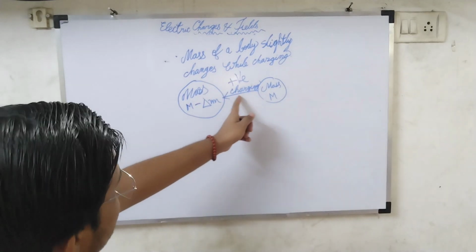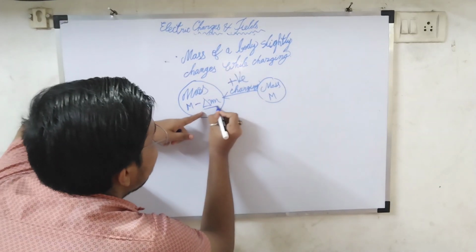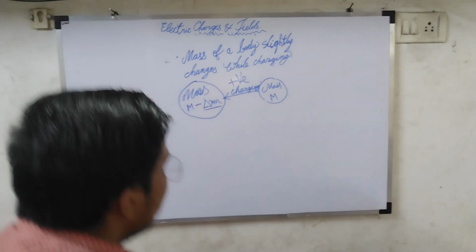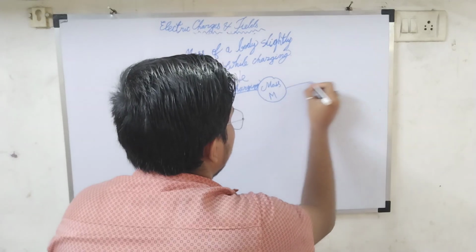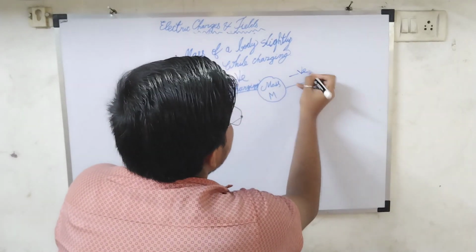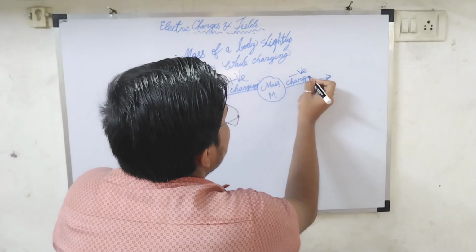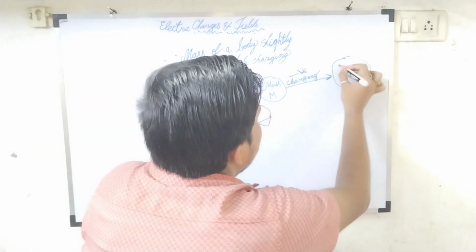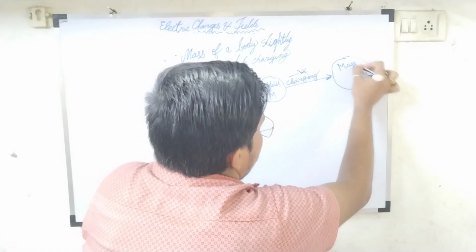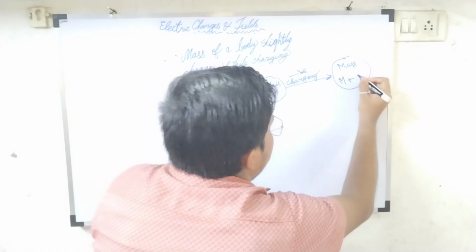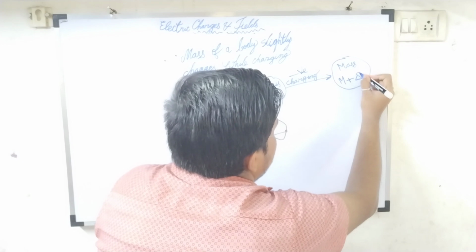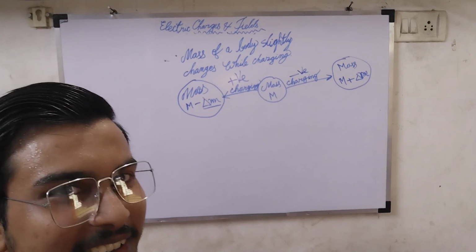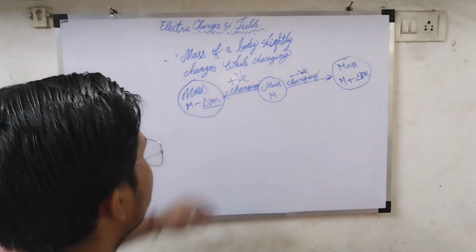That is why for positive charging we do minus del M. Now negative charging, simple, plus del M. Mass is equal to M plus del M. See, such a simple concept. Just understand it easily. Okay.